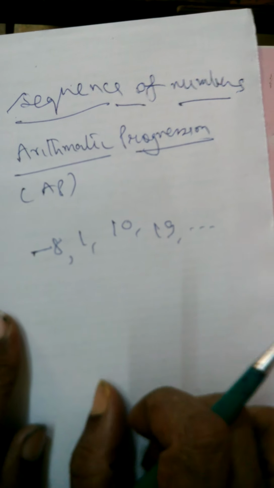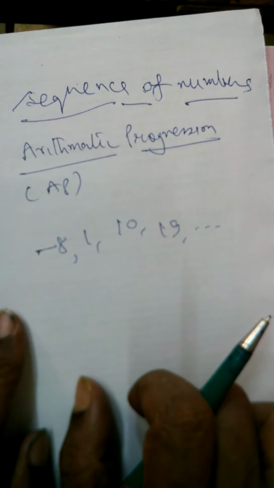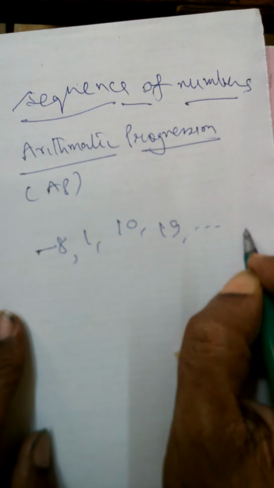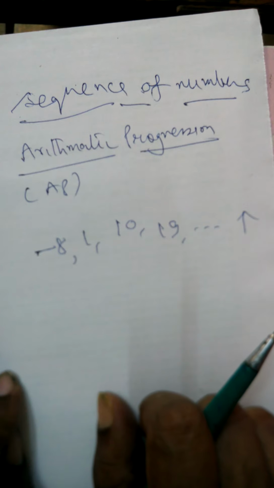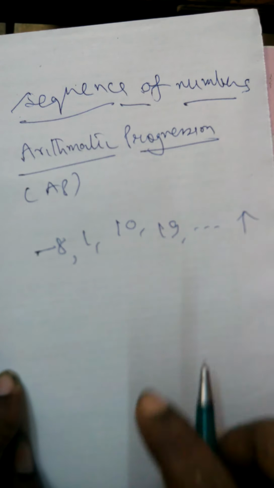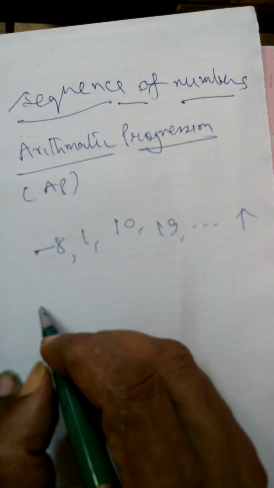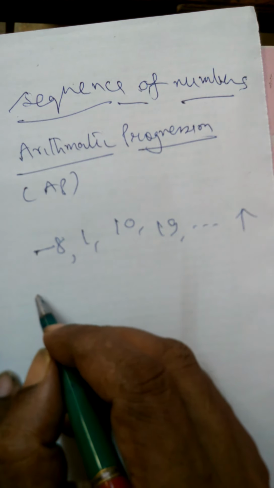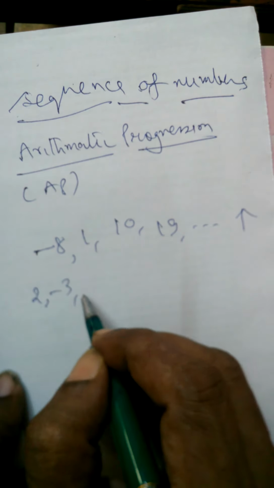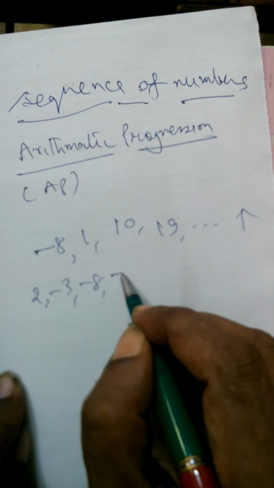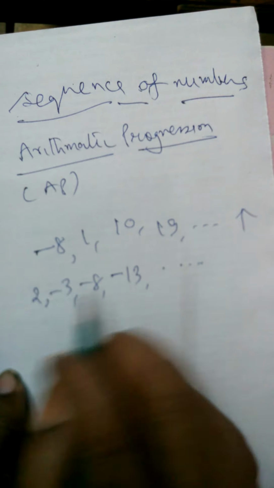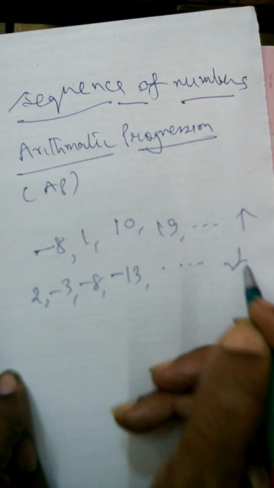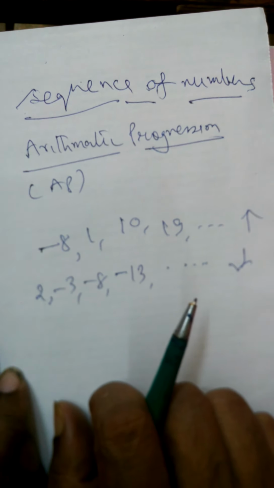If the fixed difference is positive, then it is increasing, gradually increasing from one number to the next. But if I get a sequence of this kind, 2, -3, -8, -13, then we see the numbers are decreasing by 5.